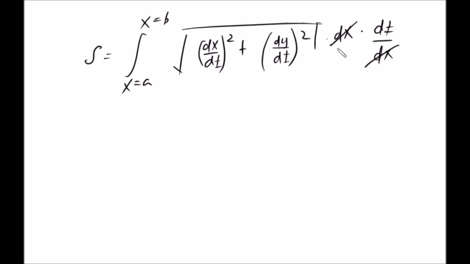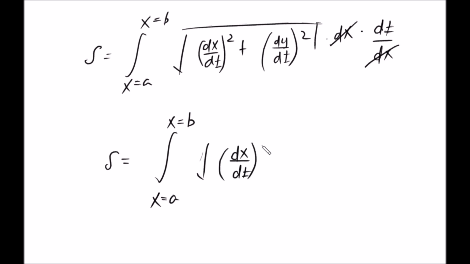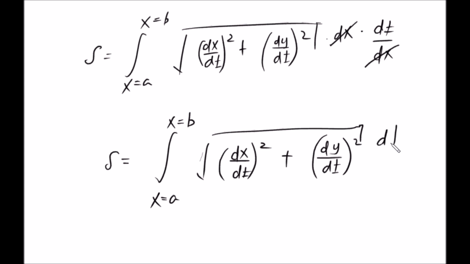So dx anakufa. So now our length of an arc we integrate the square root of dx dt squared plus dy dt squared. So dx amekufa kwa with respect to t.